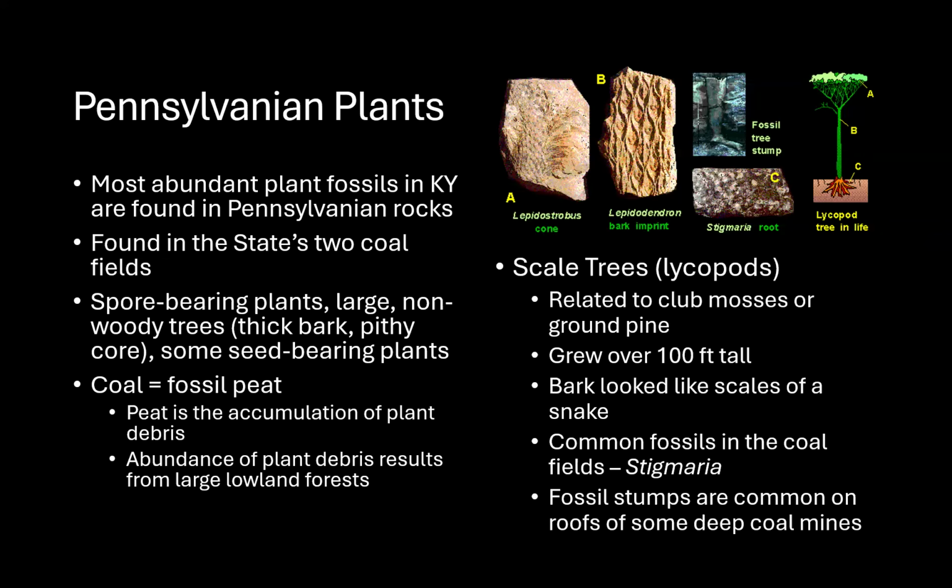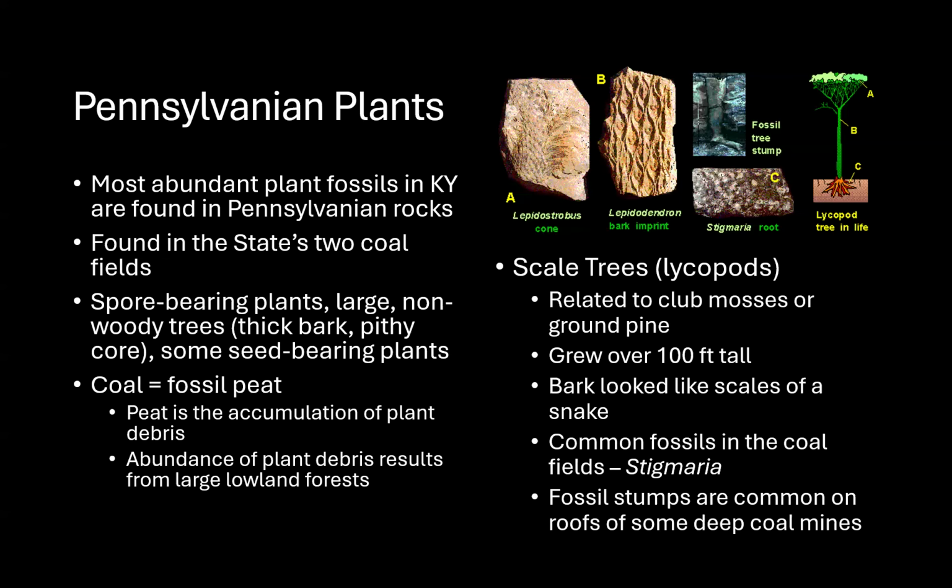So it's not all a coincidence. So let's give a definition of what coal is. Coal is fossil peat. Coal is the peat, which is the accumulation of plant debris. It's the remnants of these plants that were here back during this time period.